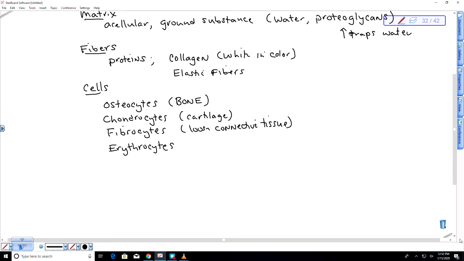Does anybody know? Erythro means red, and so these are red blood cells, produced by bone marrow, which is also connective tissue. And what is the technical name for white blood cells? Leukocytes would be the white blood cells.